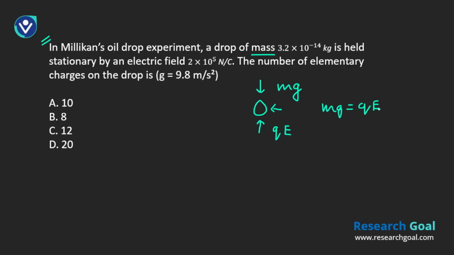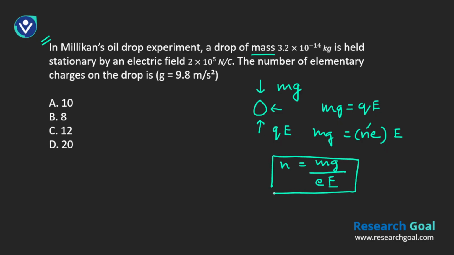Now we can change this Q to ne, the number of electrons times the charge e. If you find the value of n from this, n turns out to be mg upon eE. This is the formula.